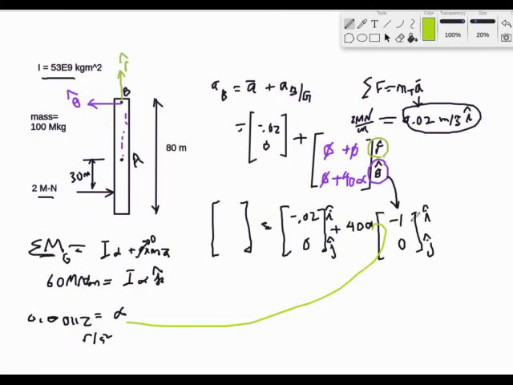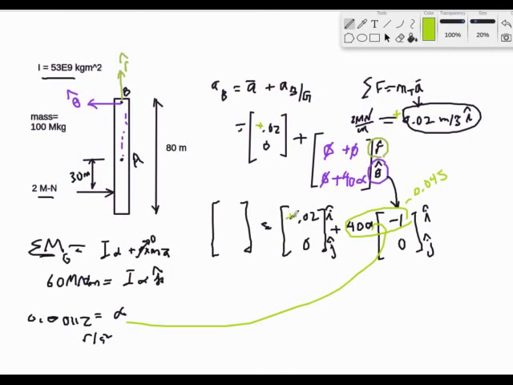So this gives us, for this term, 0.045 meters per second squared. Oops, sorry, I don't know why I put a negative sign here. It was positive there, and it should have been positive there.